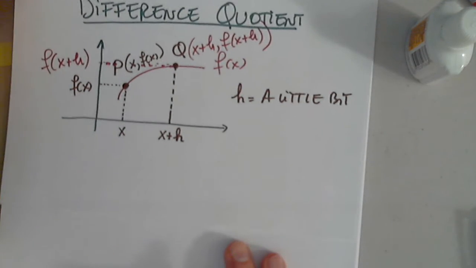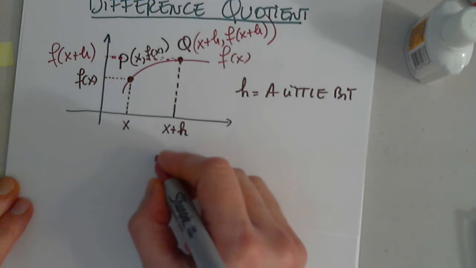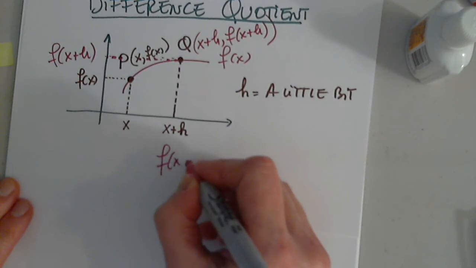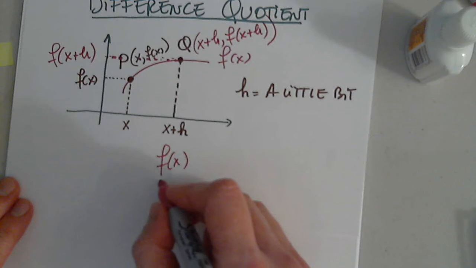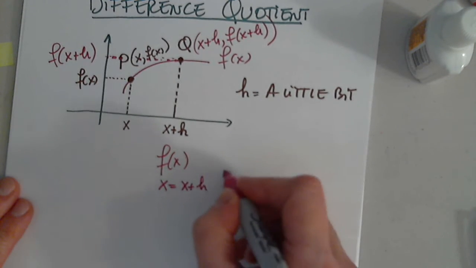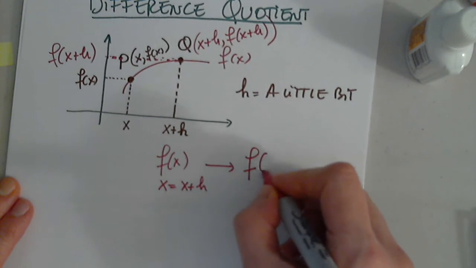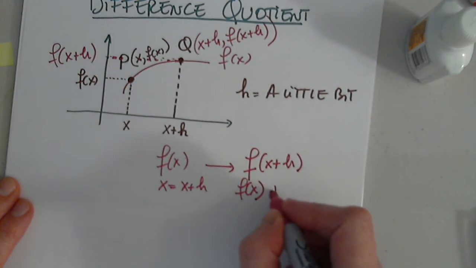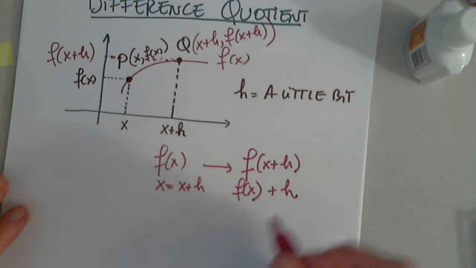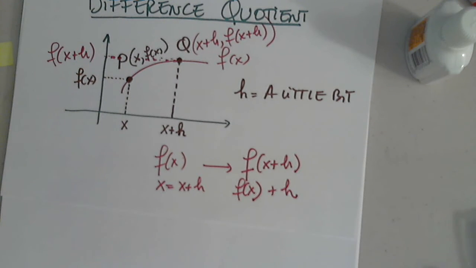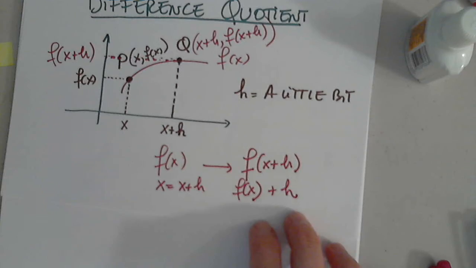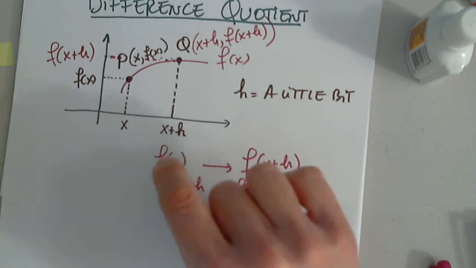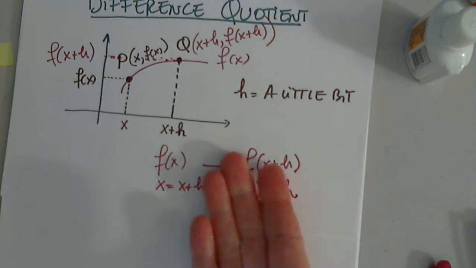I know you didn't say that, but I want to clarify. When we plug in x, so I have f of x, when x equals x plus h, then we get f of (x plus h), not f of x, plus h. So be very careful. So if a function f of x, if I want to evaluate it for 2, I find f of 2.